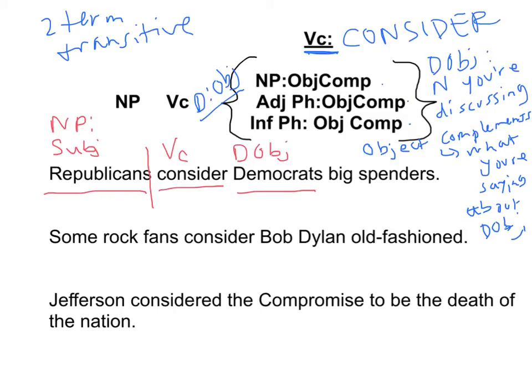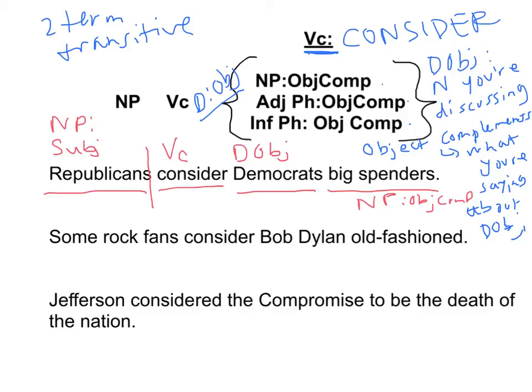And then we have an object complement, but is it a noun phrase, an adjective phrase, or an infinitive phrase? Big spenders. What do you guys think that is? That is a noun phrase. So that's an object complement of the noun phrase variety.